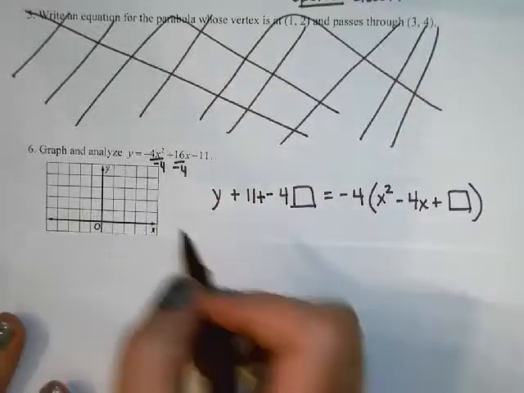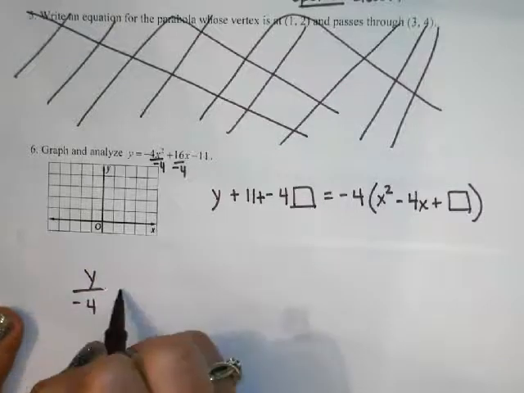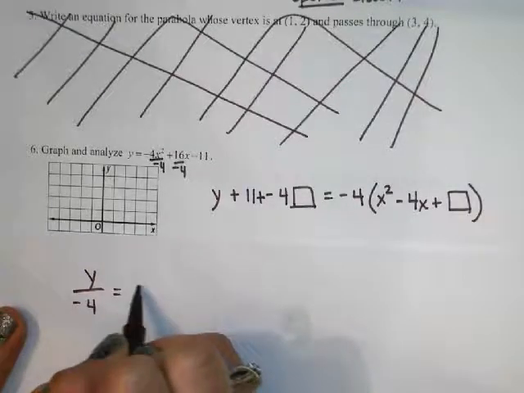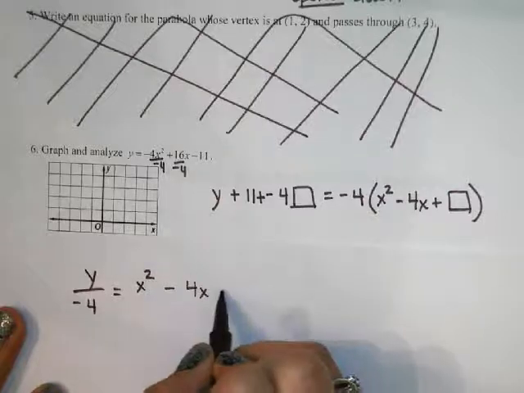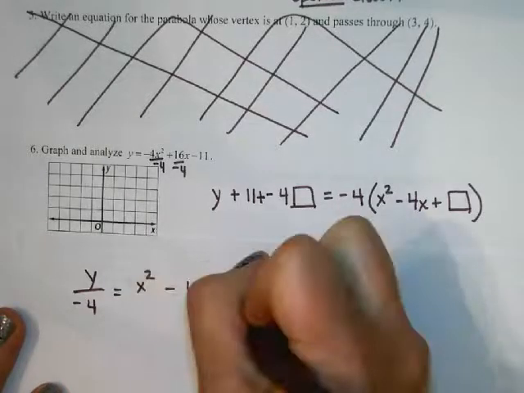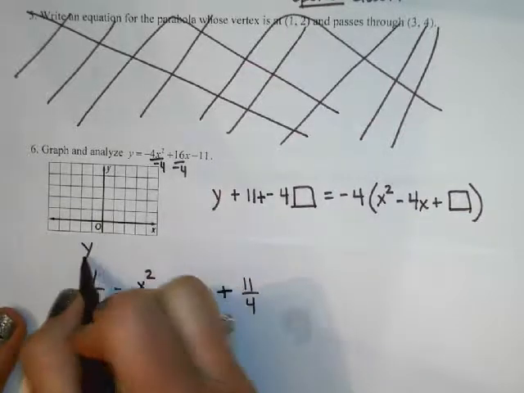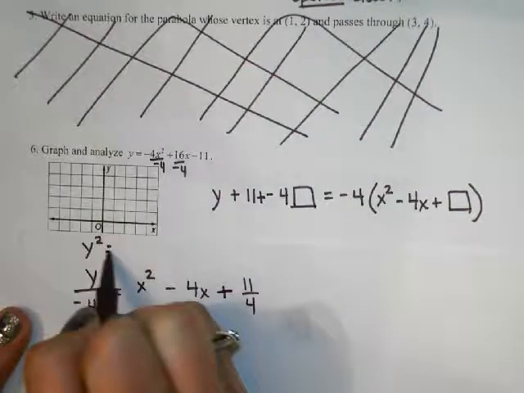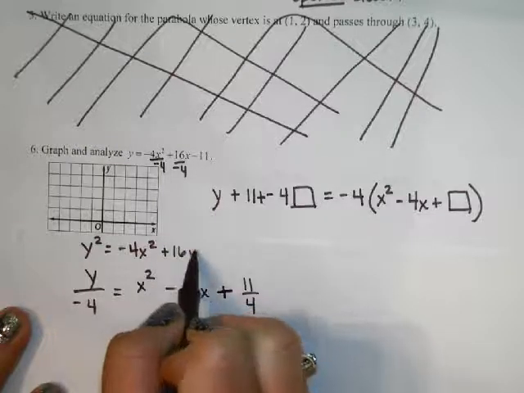Let me show you what else you could do. If I divide everybody by a -4, like we were doing before, it would look like this. Oh, a -4, that would be positive. So here's what I had: y squared equals -4x squared plus 16x minus 11.